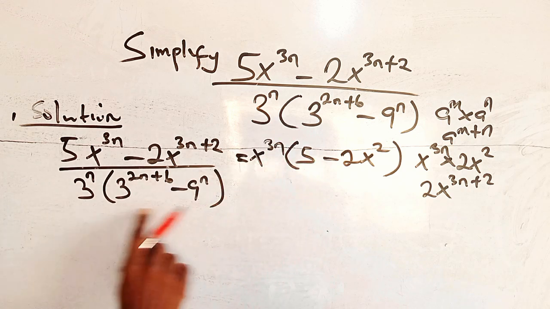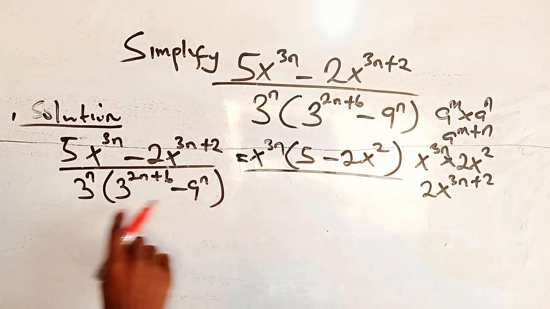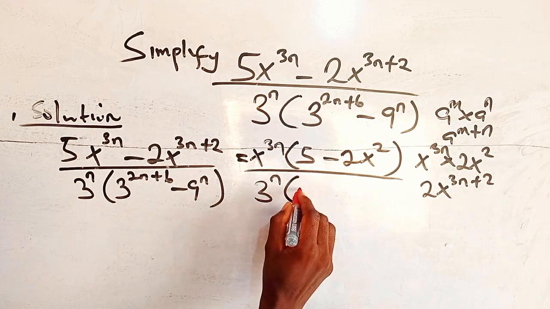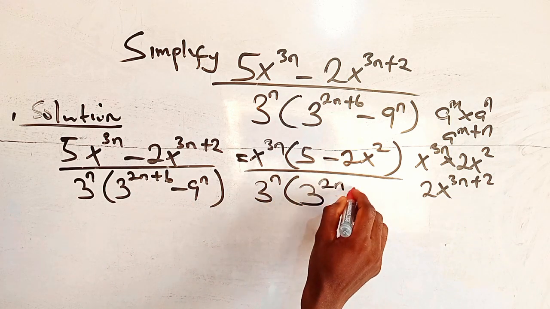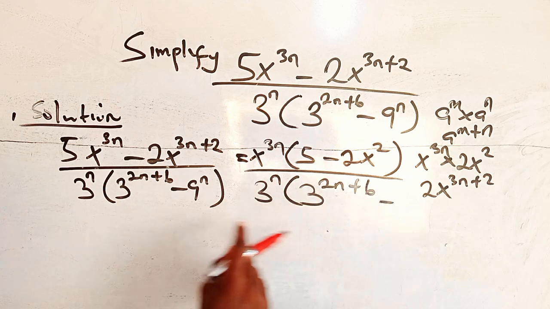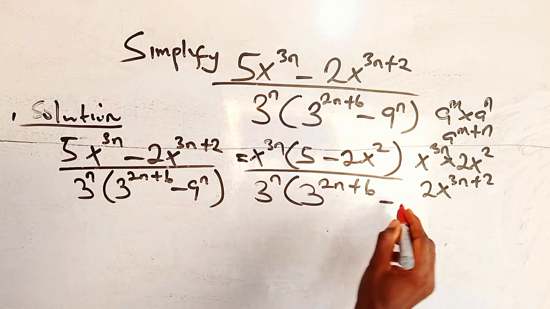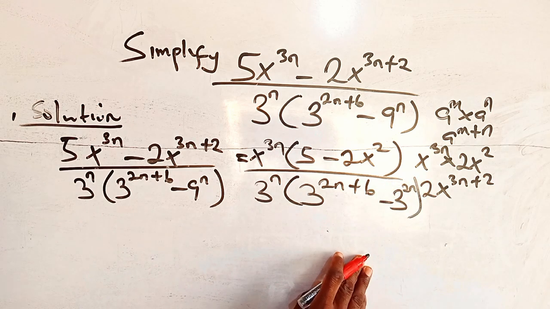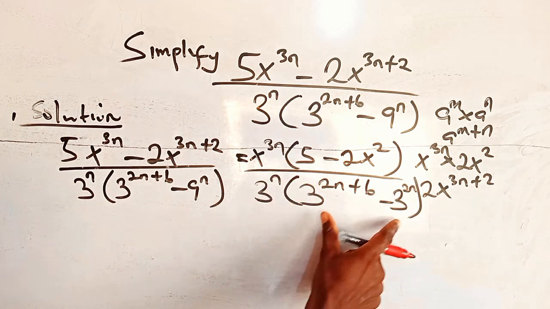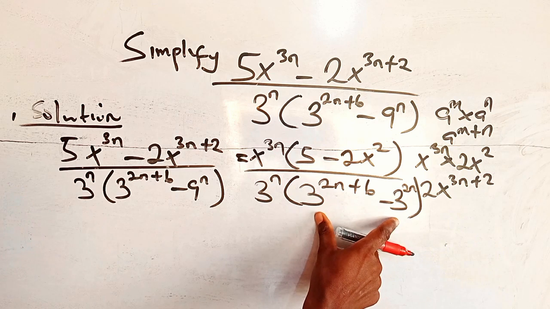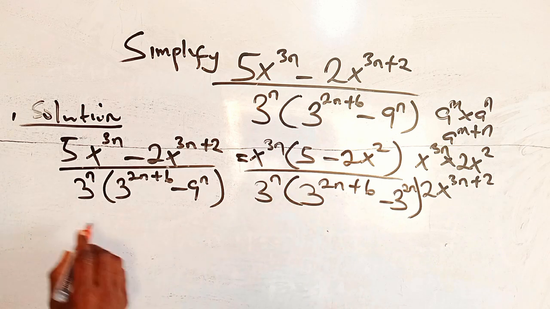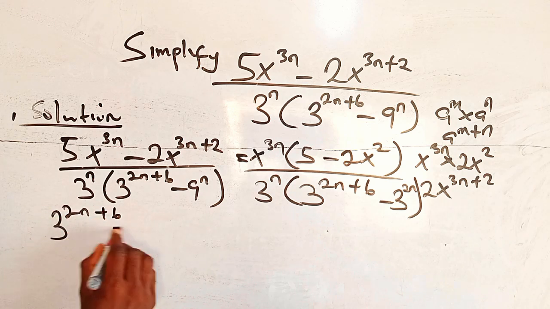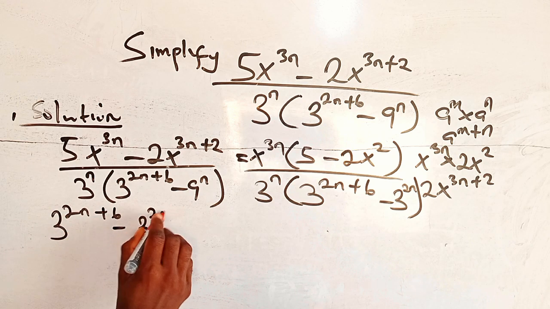So let's come back to the denominator: 3 raised to power n times (3 raised to power 2n plus 6 minus 9 raised to power n). For 9 raised to power n, we can write it as 3 raised to power 2n. Let us work with what we have in the bracket: 3 raised to power 2n plus 6 minus 3 raised to power 2n.